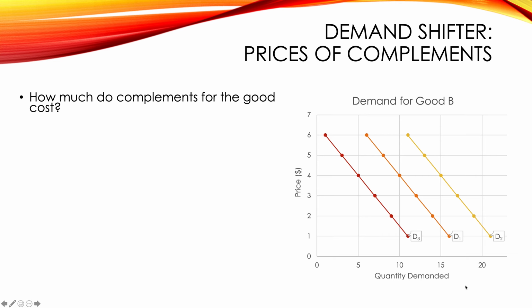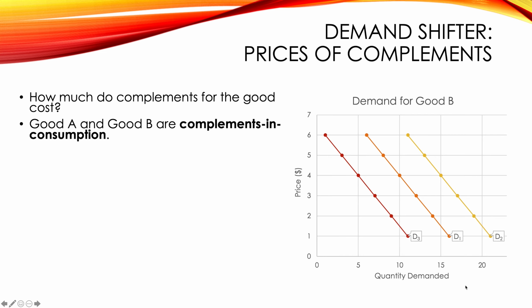So imagine this time we've got good A and good B. These two goods are complements in consumption. People buy them together because for whatever reason, they go well together. So imagine that the price of good A falls. Good A becomes cheaper. How are consumers going to react? Well, they're going to buy more of good A. The quantity demanded of good A is going to increase.